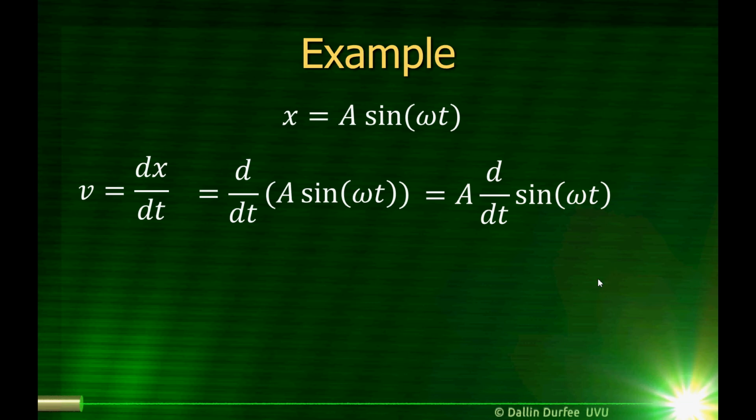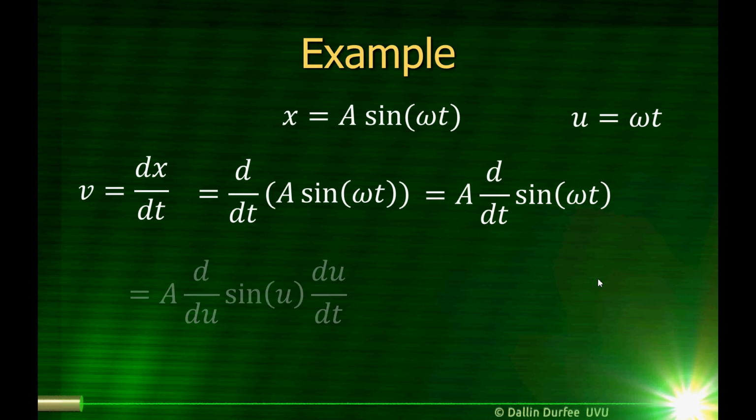And then if this were sine of t, we could take the derivative, but there's that omega in there. And so we're going to define u to be omega t, right? We're going to do the chain rule. And so I can write this as the derivative with respect to u of sine of u. I've replaced omega t with u, and then I have to multiply by du dt.